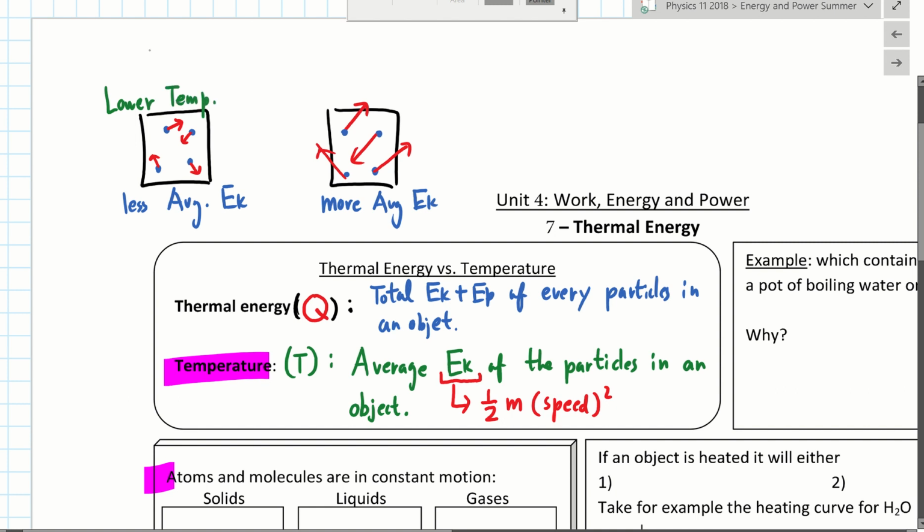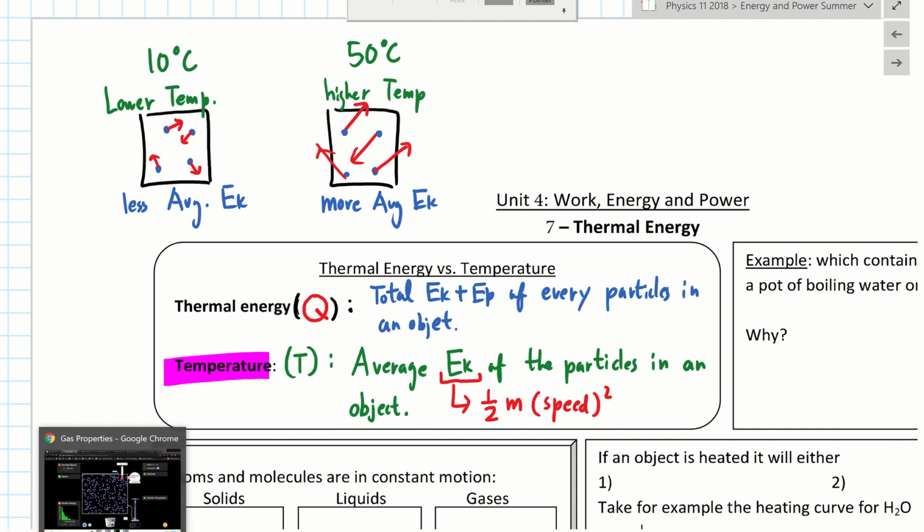For example, the one on the left maybe is 10 degrees Celsius, whereas the one on the right has more average kinetic energy, which means it has higher temperature. So maybe this one is at like 50 degrees Celsius.